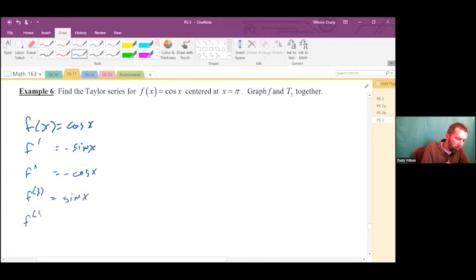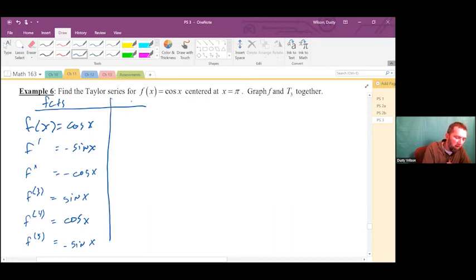Fourth derivative will be the cosine. The fifth derivative will equal the minus sine, etc. And so here are our functions. And then we can evaluate at x equals pi.